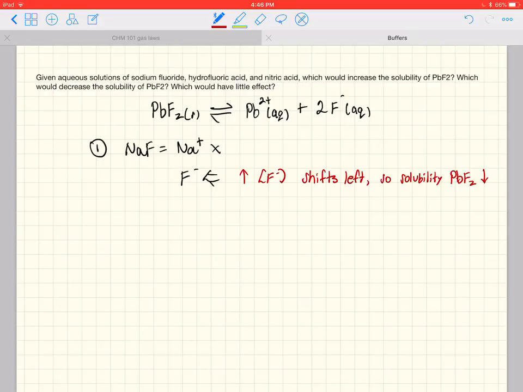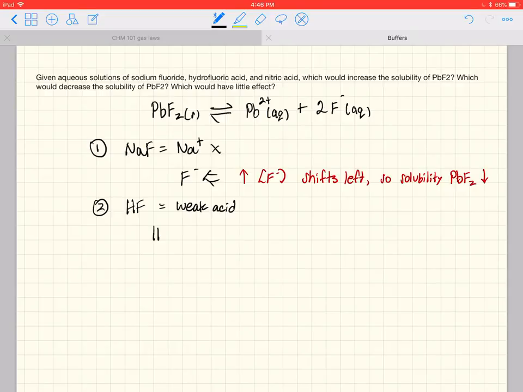What about hydrofluoric acid? Let's think about that. Hydrofluoric acid is HF. Okay. What is that? Is that H plus? Is that F minus? Is that a little bit of fluoride? Well, this is a weak acid.